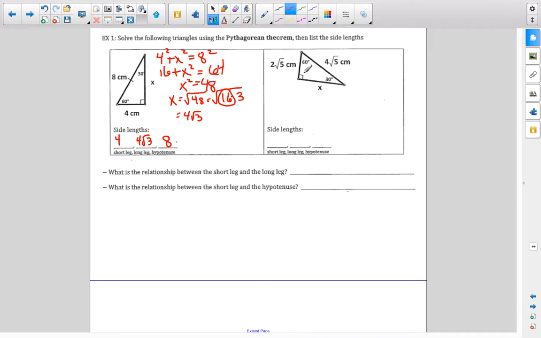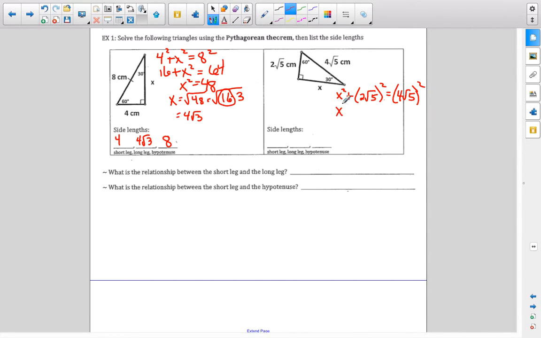Now let's try this next one over here. My short leg is across from the 30, there it is, 2 root 5. My long leg is the x, and my hypotenuse is 4 root 5. So I'm going to use Pythagorean theorem, and I know leg squared plus my other leg squared equals my hypotenuse squared.